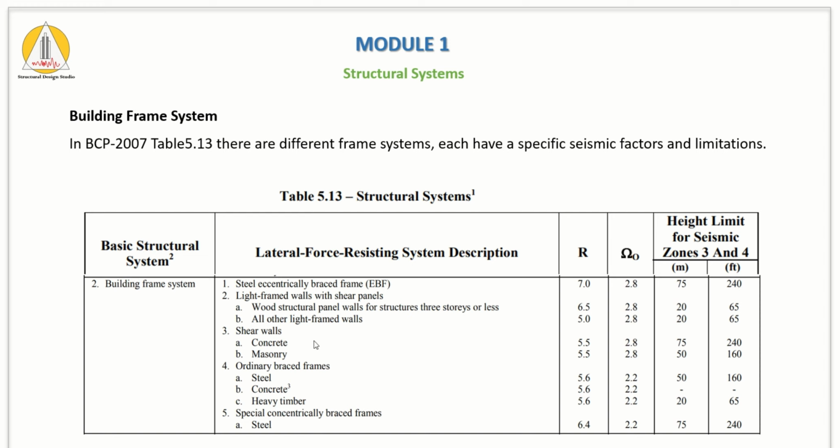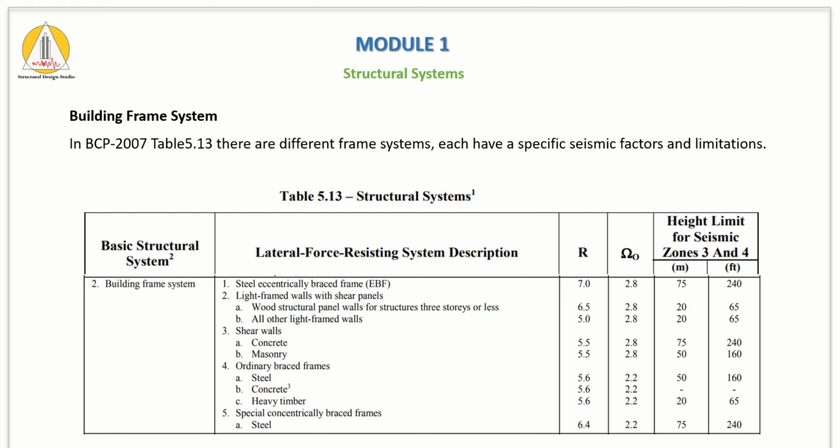It includes steel eccentrically braced frames, which have their own R values, omega values, and building limits. And for concrete shear walls, you have to take the R value of 5.5, omega 2.8, and the building height is limited to 75 meters.